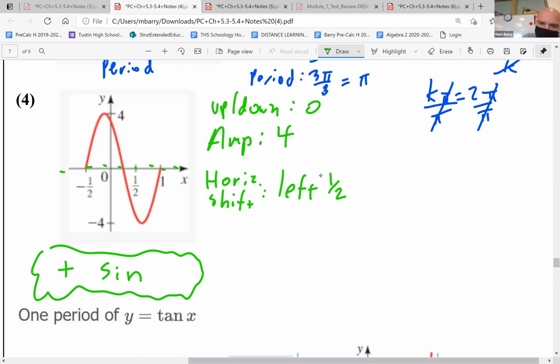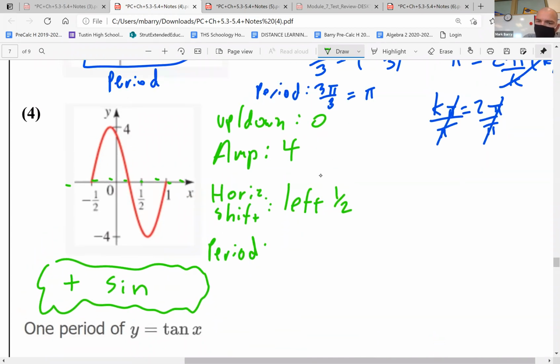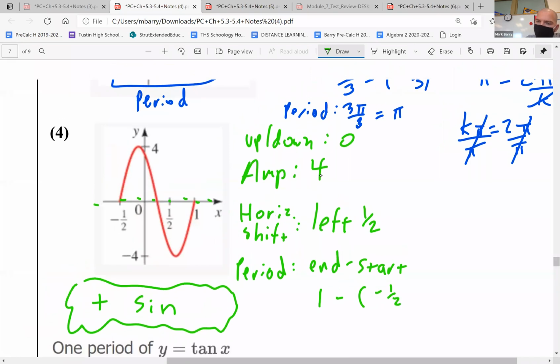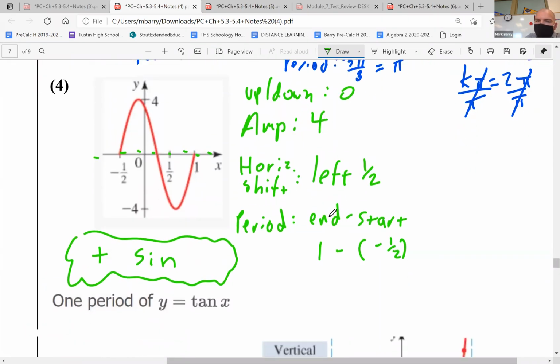And then the period here, we can use the same kind of trick we learned last time. When we're not starting at 0, I would just do the end minus the start. So 1 minus a negative 1/2. Of course, we're going to need to make a common denominator there.